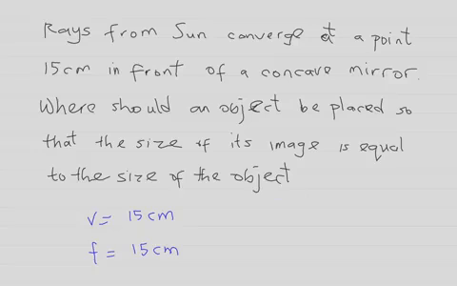So the size, that is A prime, should be equal to A. Talking about distance, where should an object be placed so that the size of its image will be equal to the size of its object?